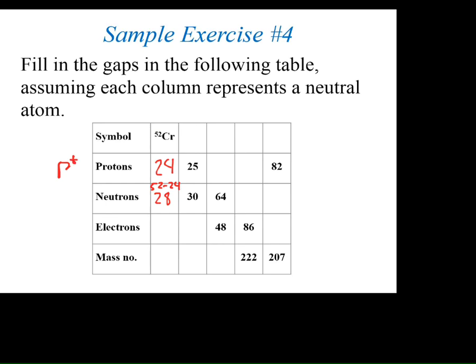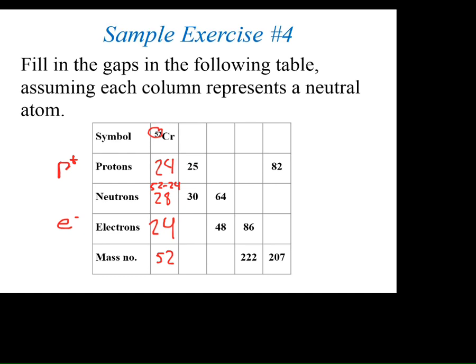So if it's neutral overall, then it must have the same number of negative electrons. So if it has 24 positives, it must have 24 negatives. Remember that? And what's the mass number down here? What do I write down here? This thing right here, right? 52. Right?